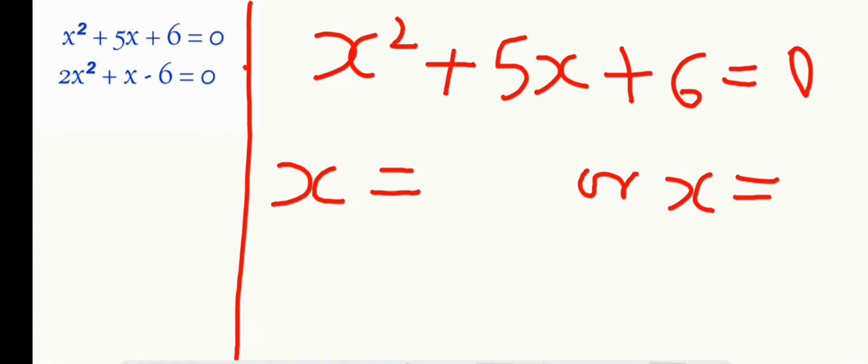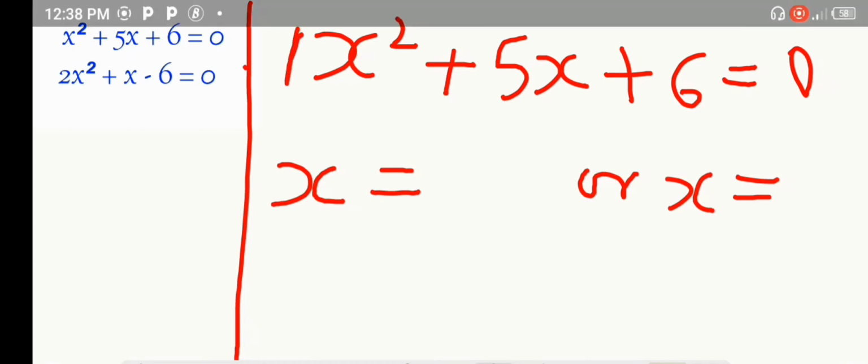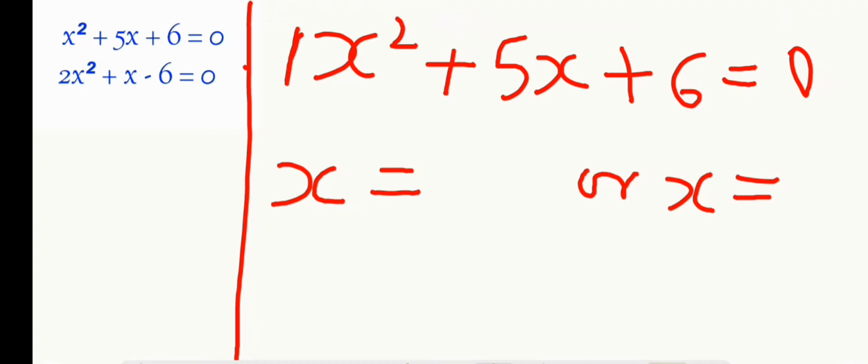So let's solve on. First and foremost, we all know that there's an invisible 1 here. So since there's an invisible 1 there, we're going to multiply 1 times 6, this 1 times this 6 over here. So you know that 1 times 6 is what? 1 times 6 is still 6.